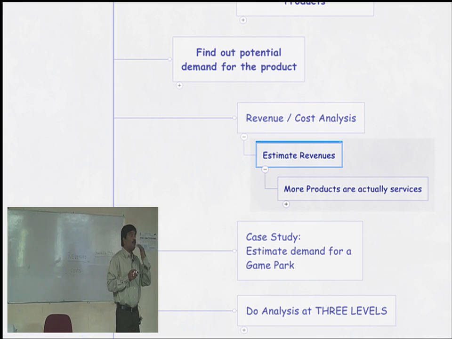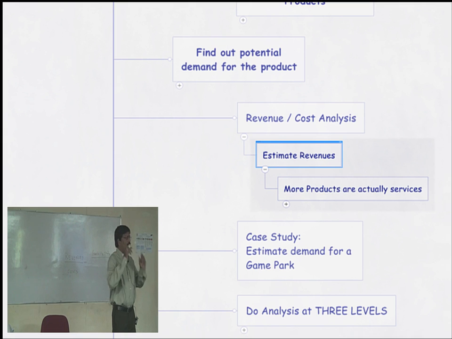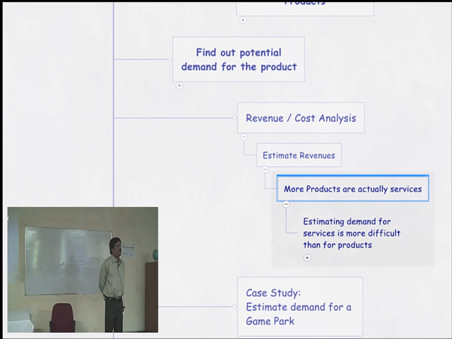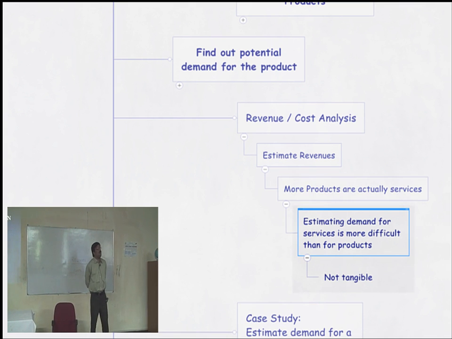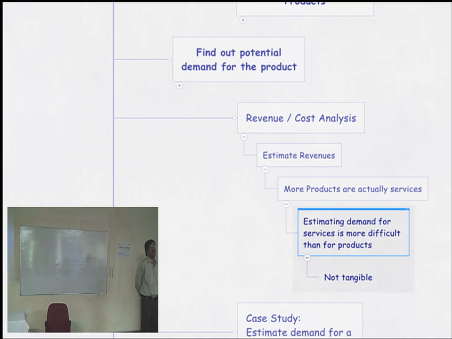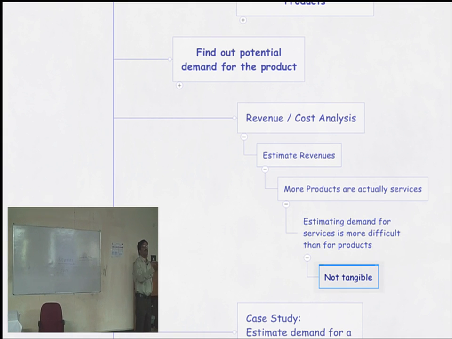Now more and more you will see that products are actually services. More and more products in the market today are services, right? And estimating demand for services is always more difficult than for products. The reason being that products are tangible, means you can touch them, you can feel them, you can see them. I am selling a refrigerator.